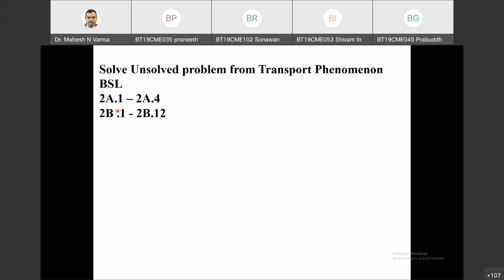So whatever we have covered in class, we have not covered estimation of heat transfer coefficient, mass transfer coefficient, and momentum transfer coefficient other than flow over a flat plate. That will not be in the examination. The estimation of heat transfer coefficient, mass transfer coefficient, and momentum transfer coefficient over a flat plate will be in the examination.